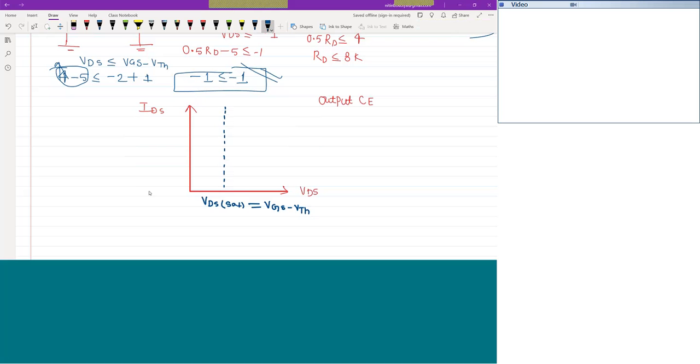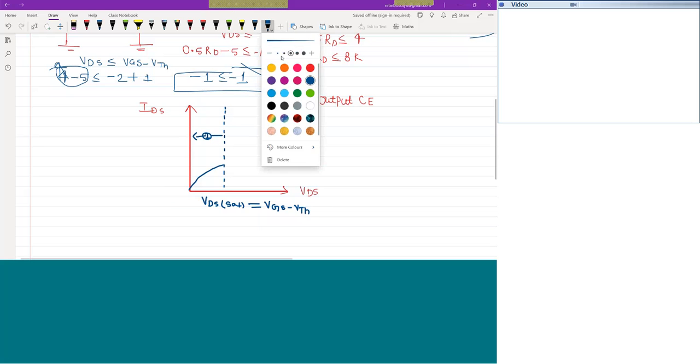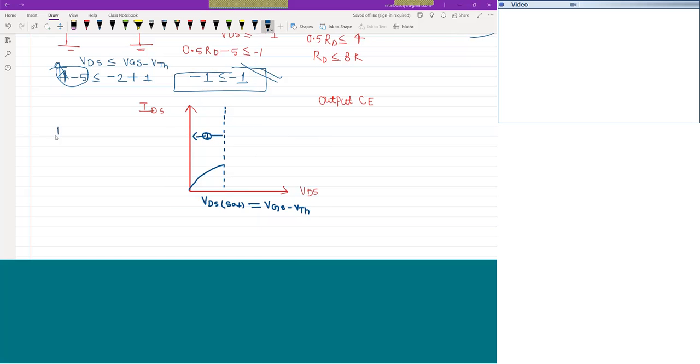So initially the output current is a function of VDS. In this region, let's say region number 1, what I am trying to convey is that we have seen that in region number 1, IDS is a function of VDS.